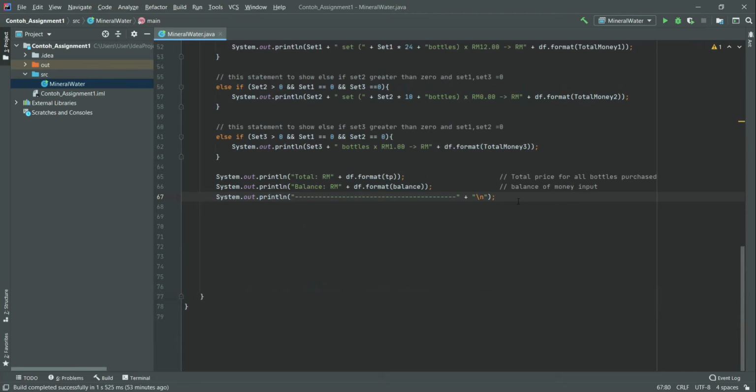I will do the second instruction, which is to calculate the price of 70 bottles. Okay, the price of 70 bottles. Calculation of price for 70 bottles.